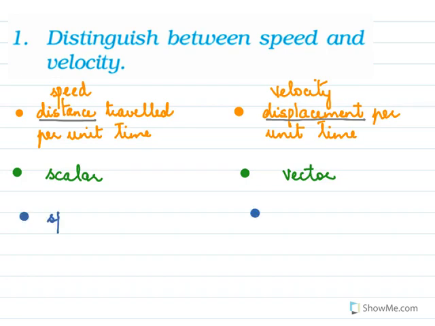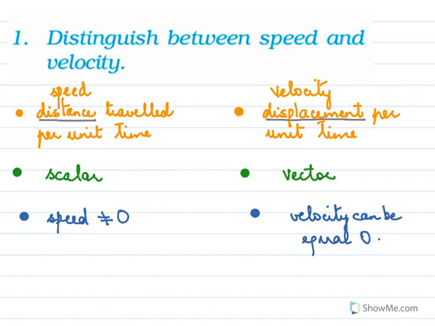For a moving body, speed is never equal to 0. But for a moving body, velocity can be equal to 0. If displacement is 0, velocity also will be 0.